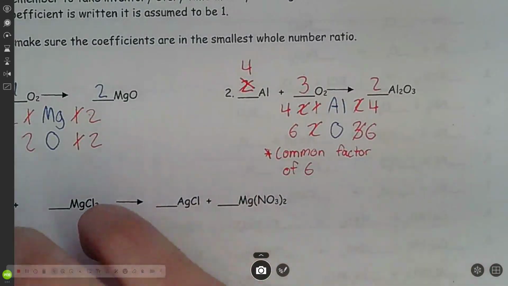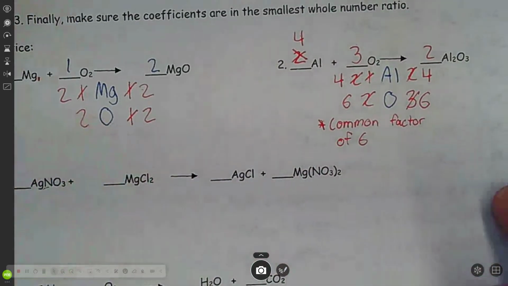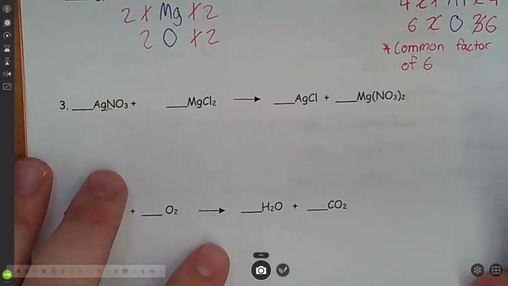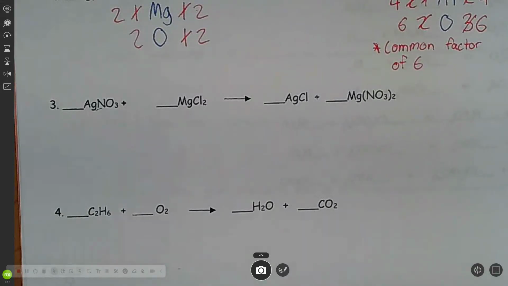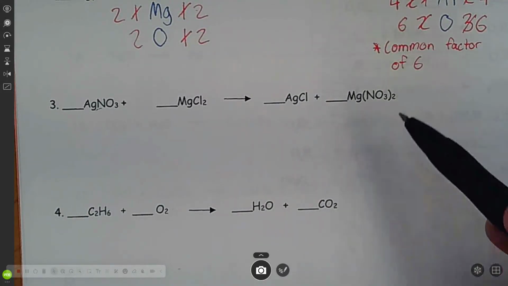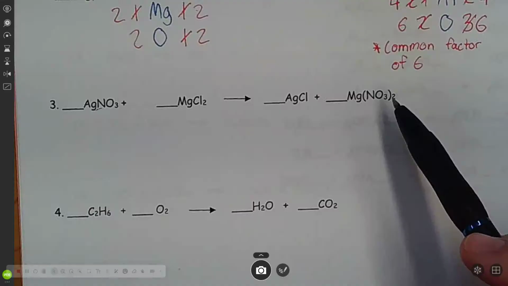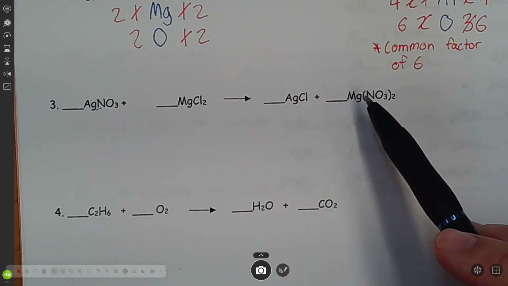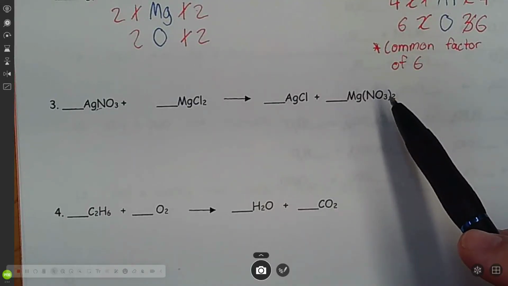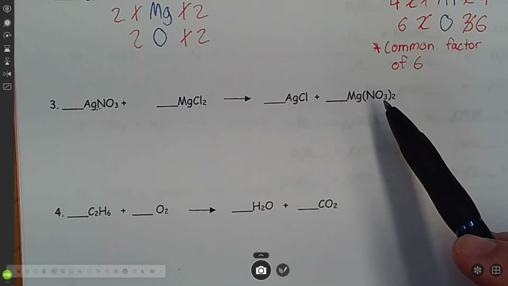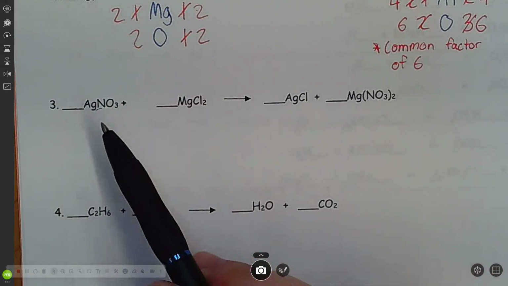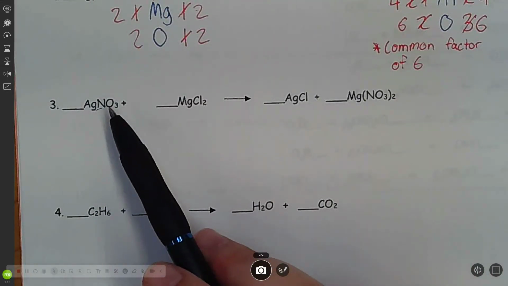Okay, next problem down, number 3. This one is going to have our first polyatomic. So you'll notice that we've got NO3 in parentheses. To make these problems easier, whenever you see a polyatomic in parentheses like this, see if you can find it somewhere else. In this case, we've got another NO3 over here on the left.